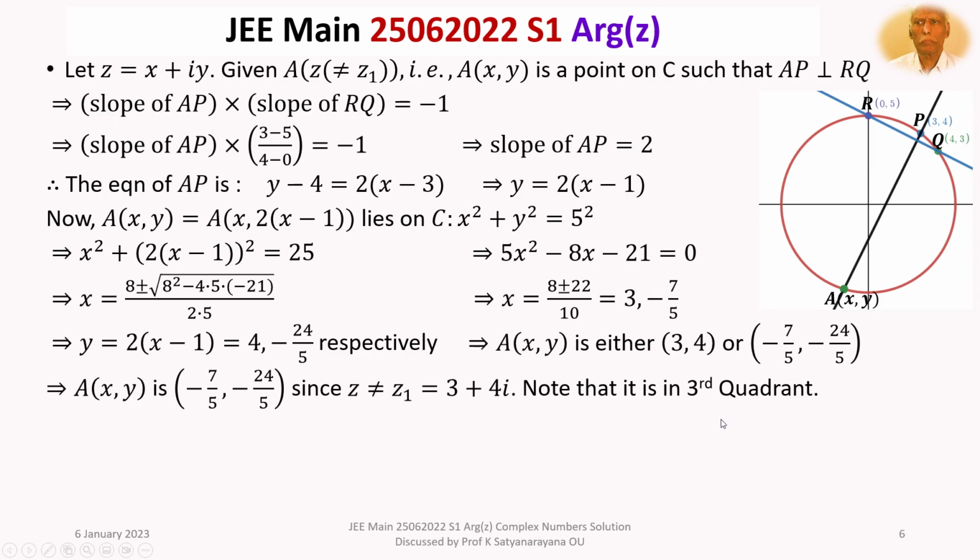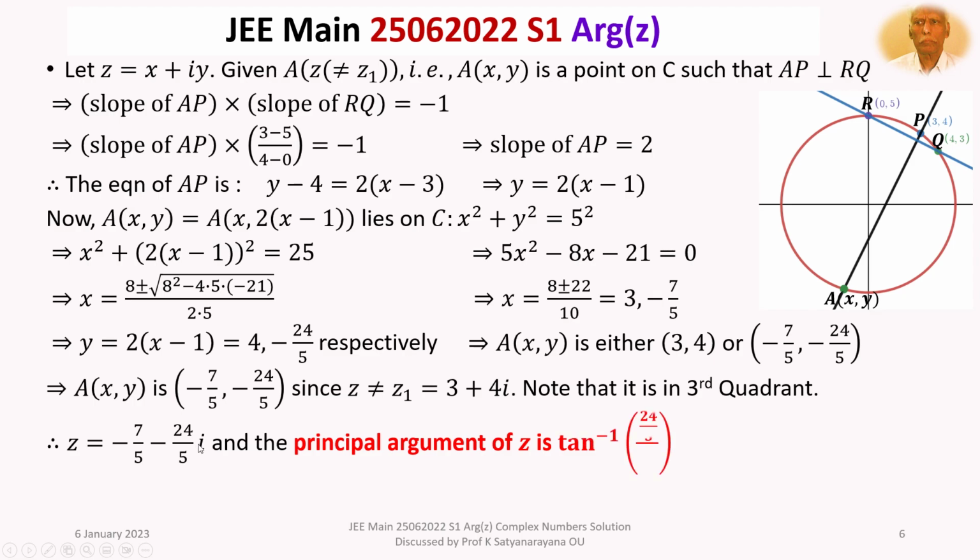This is very important. So to talk about the principal argument of z, this is very important. Now z is equal to minus 7 by 5 minus 24 by 5 i, that is x plus iy. Now what will be the argument? The tan inverse of y by x, 24 by 5 by 7 by 5, that is the tan inverse 24 by 7.